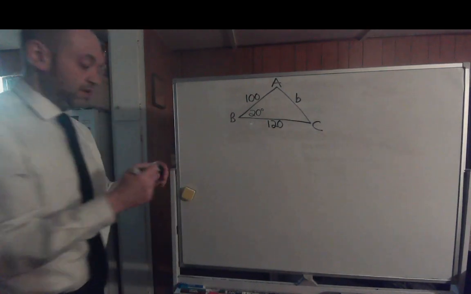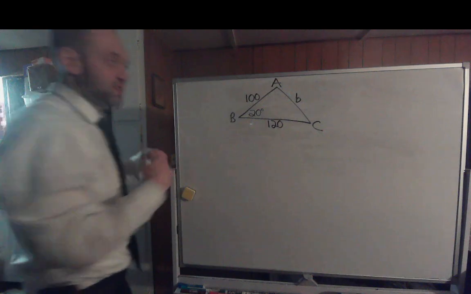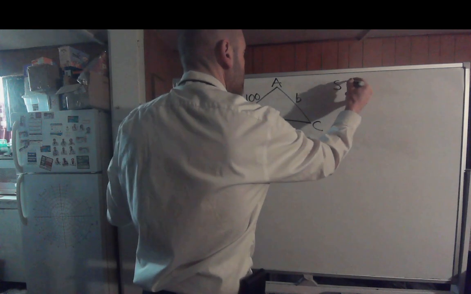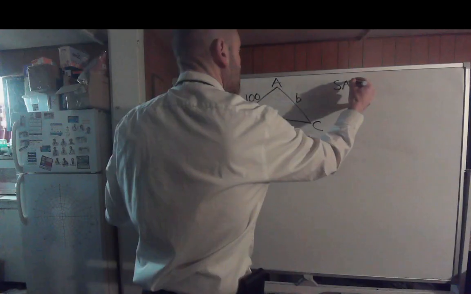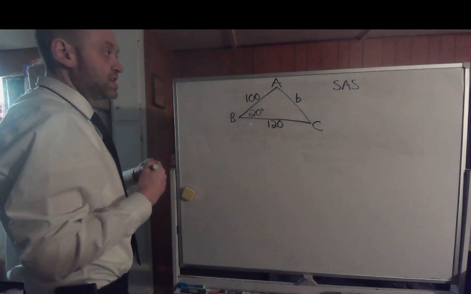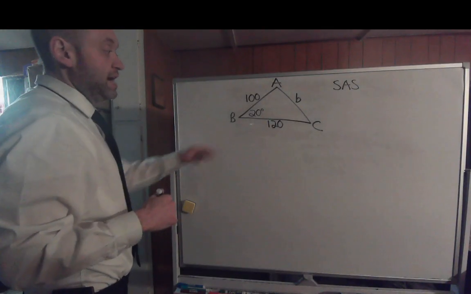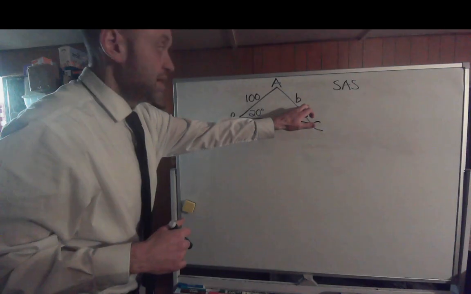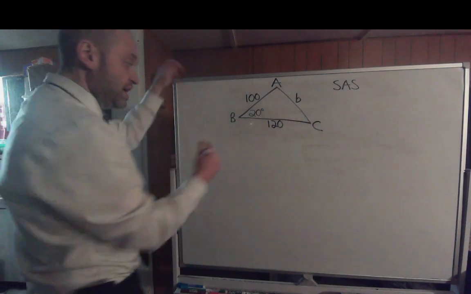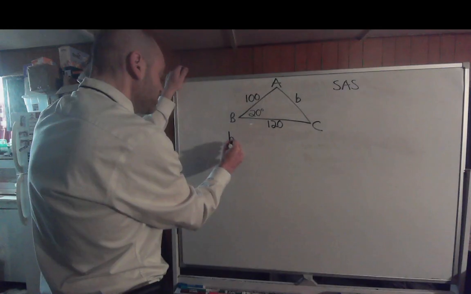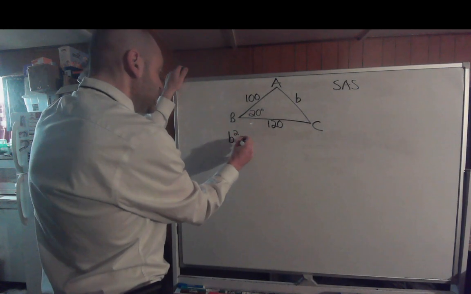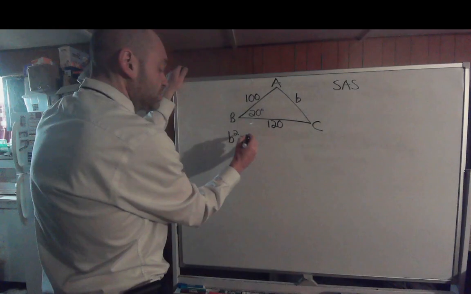So what have we been given? Well, first we know this is a side angle side case. So there's definitely going to be one triangle. Now, we have angle B, but we don't know side B. So since we need to solve for side B, this is going to take the form of b squared equals a squared plus c squared.